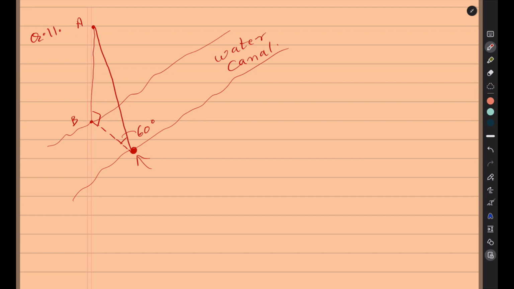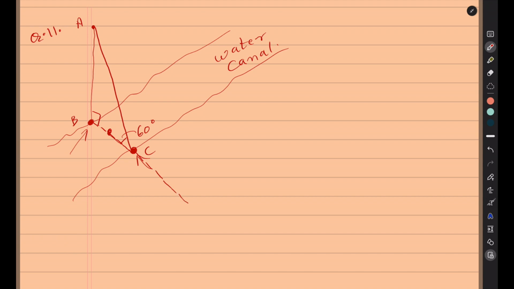Where is that point? Here is the foot of the tower, and then we go around 20 meter towards the tower or away from the tower.